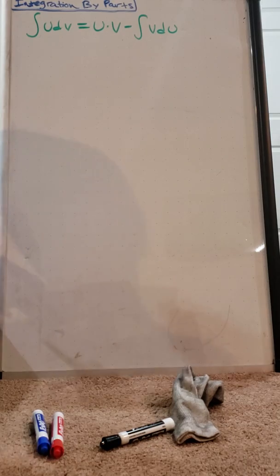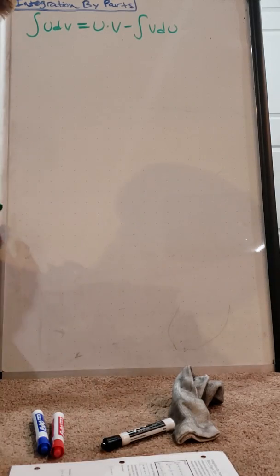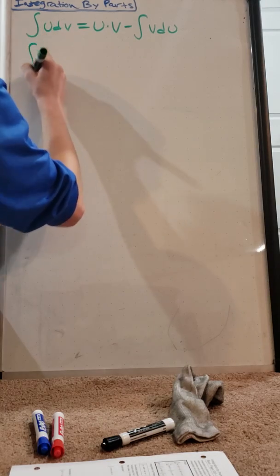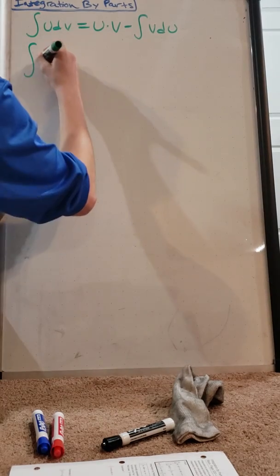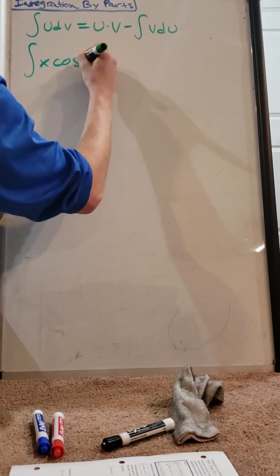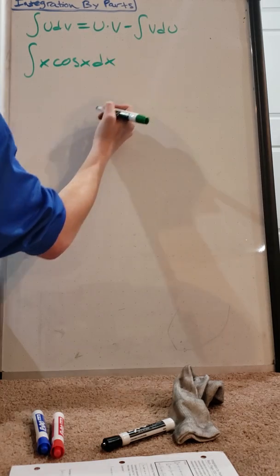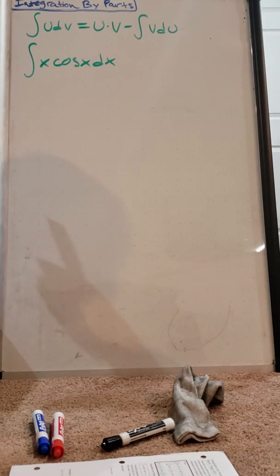If we look at our first example, it is the integral of x cosine x dx, and obviously we can't use a u-sub.